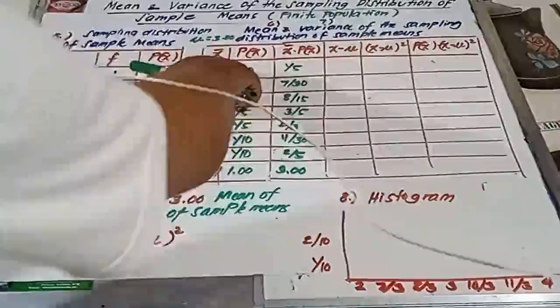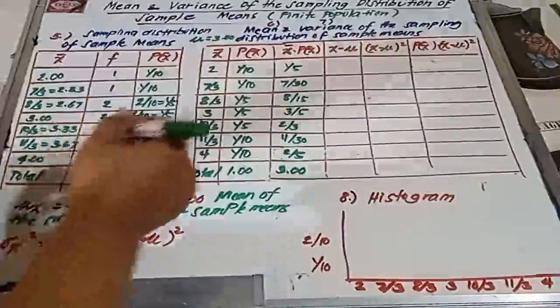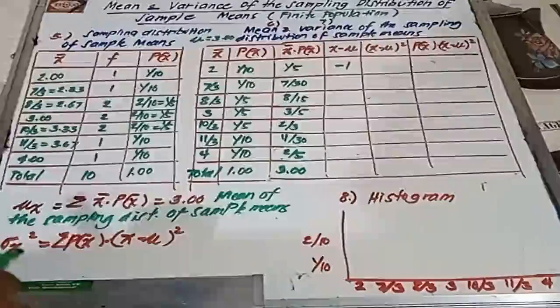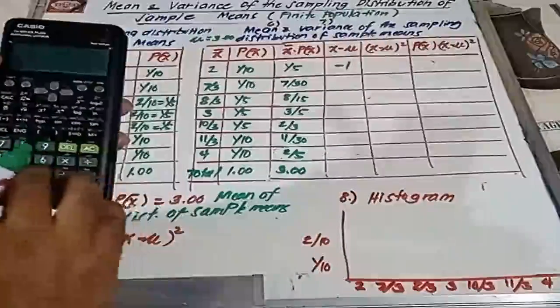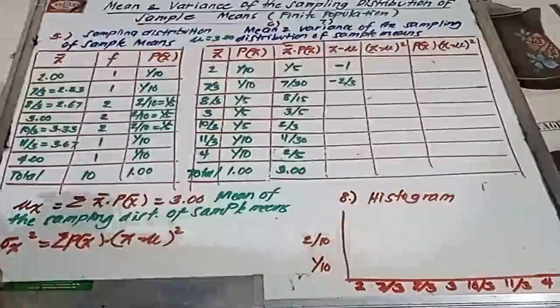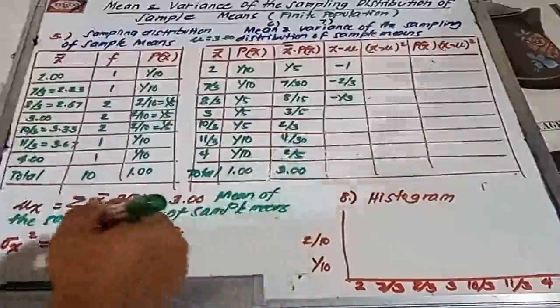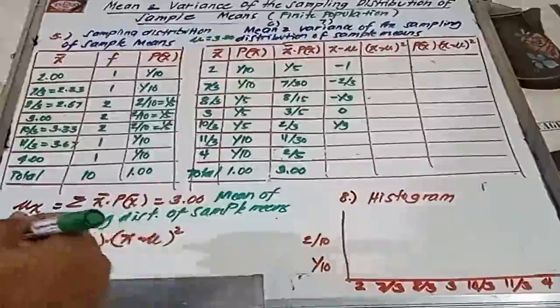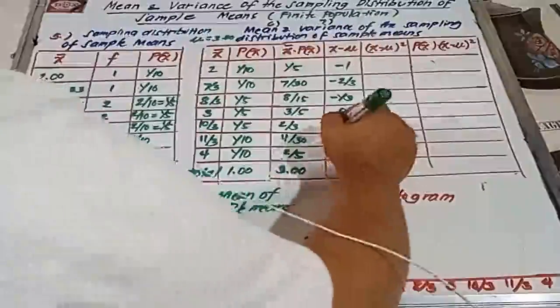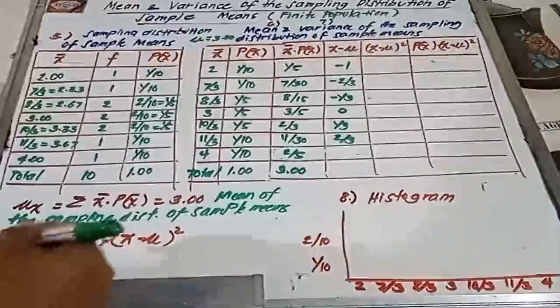That is 2 minus 3, so that is equal to negative 1. 7 thirds minus 3, we have negative 2 thirds. 8 thirds minus 3. That will be negative 1 third. Okay. And then 3 minus 3 is 0. 10 thirds minus 3, that is 1 third. 11 thirds minus 3, that's 2 thirds. And then 4 minus 3 is 1.